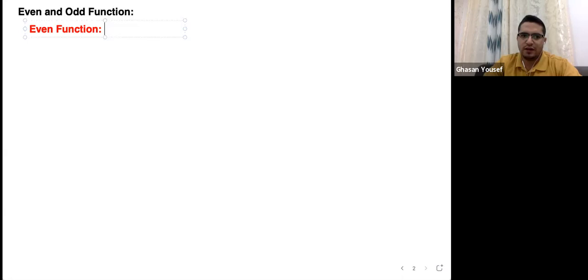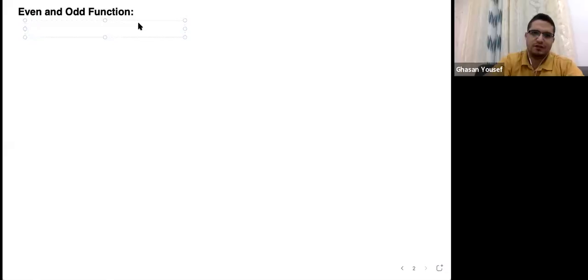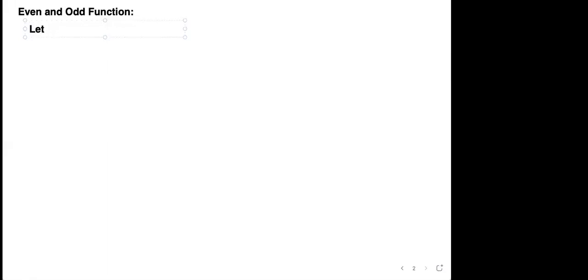And did you hear about the odd function too? Yeah, I heard about it. What is the meaning of odd function? Or can you define it the same as the even? It's functions that return their negative inverse when x is replaced with negative x.